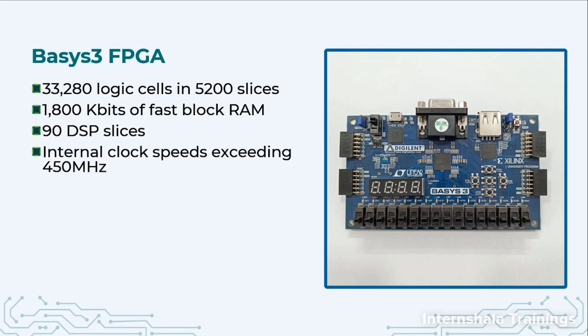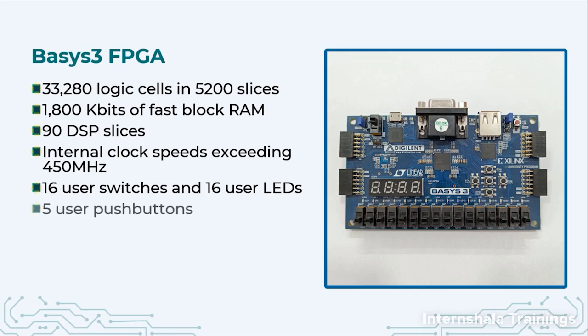We have our internal clock which can support the clock speed of up to 450 MHz. There are 16 switches and 16 LEDs on the board. We also have 5 push buttons. We have 7 segment displays and there are 4 7 segment displays on the board.